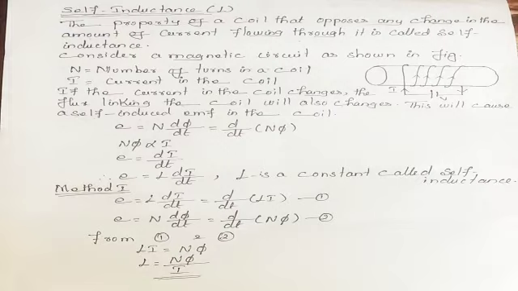There are two methods to calculate self-inductance. The first one is E equals L di by dt, which can be written as d by dt of L I. Another equation is E equals N d phi by dt, which is d by dt of N phi. From equations 1 and 2 we can write L I equals N phi. So L equals N phi by I.